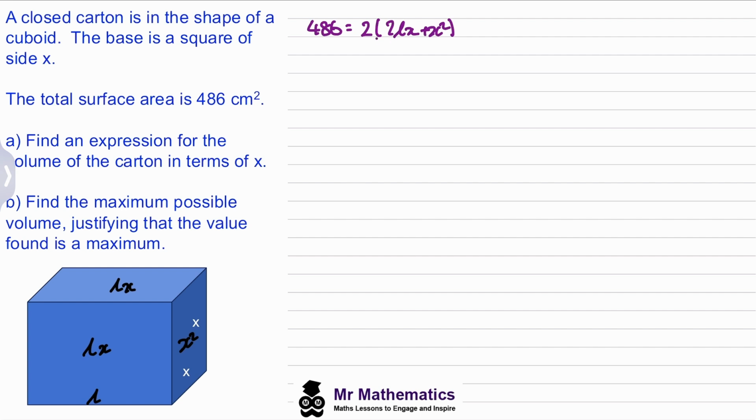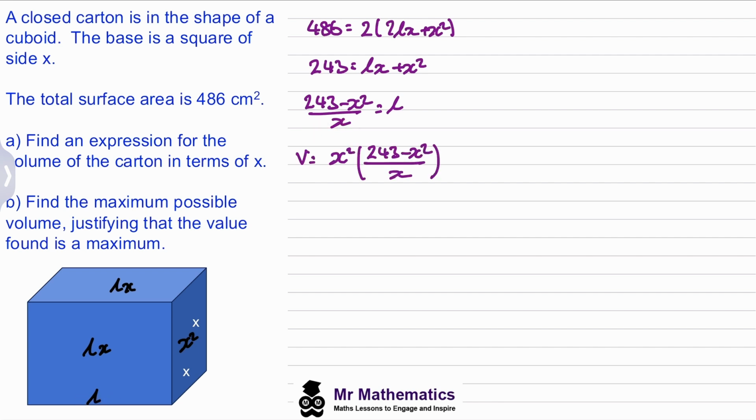Then we can divide both sides by 2, and we need to make L the subject because we want the expression for the volume only in terms of x. So to make L the subject, we'll move this x squared to the left-hand side and divide both sides by x. Then to work out the volume, we'll multiply the area of this face by L in terms of x.